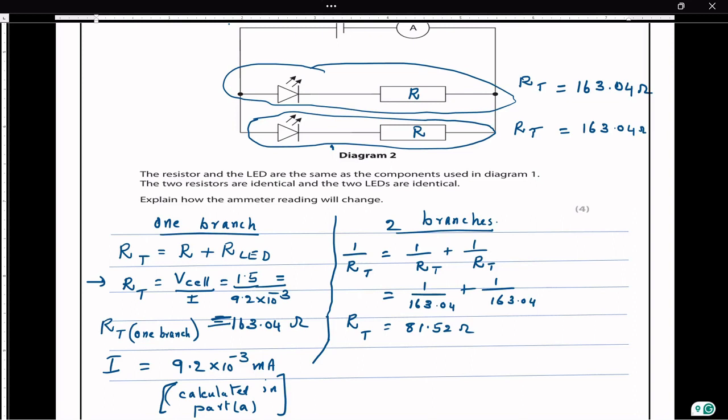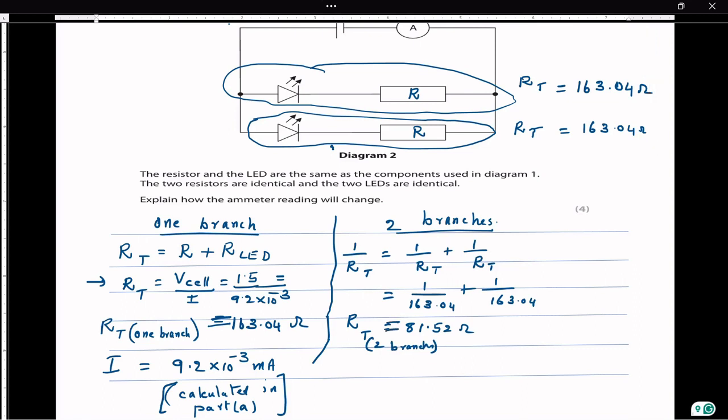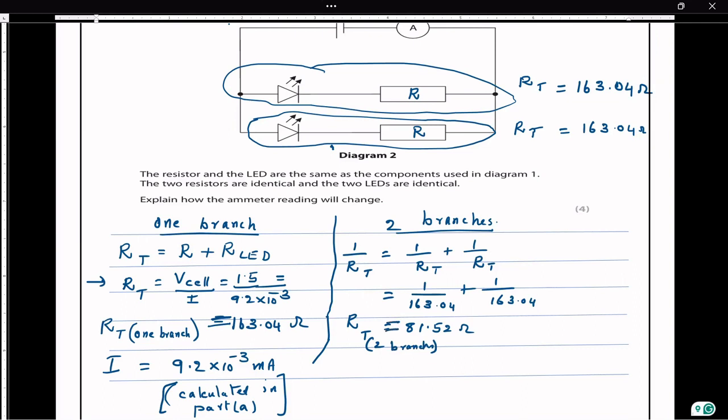So this is RT of two branches, which is the same as RT of one branch over 2.